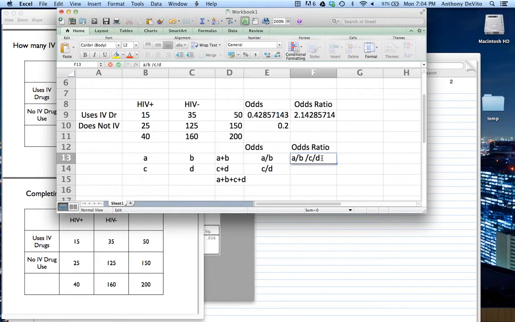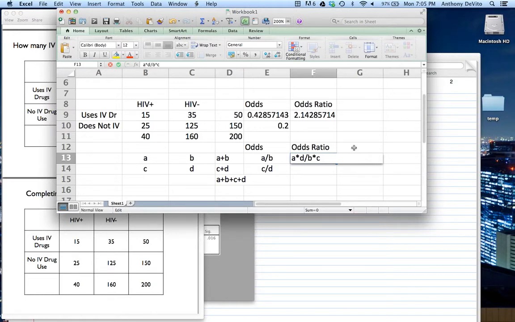It's a little trick from algebra that you may remember. So instead of A divided by B over C divided by D, you could call it A times D over B times C. A little bit simpler math than having to worry about the fractions.